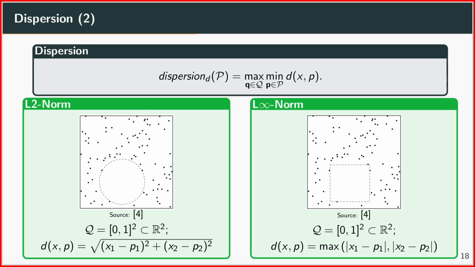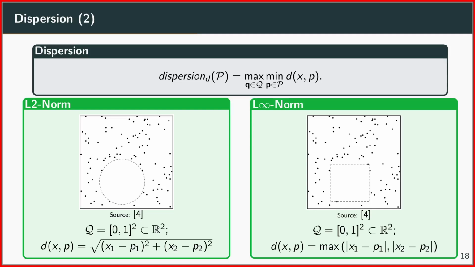If you have a Euclidean distance and you compute the dispersion, you want to find out the circle or the disk with the biggest radius, which is still inside of the configuration space, but which is not touching any of the points. The bigger this becomes, the bigger is your dispersion. And of course, minimizing dispersion is a very good measure of how well your sampling sequence is actually working.